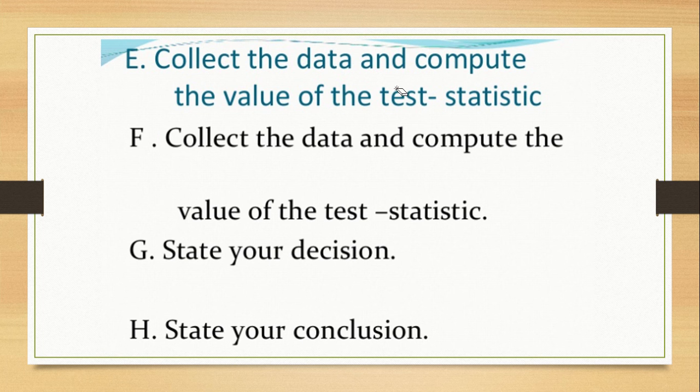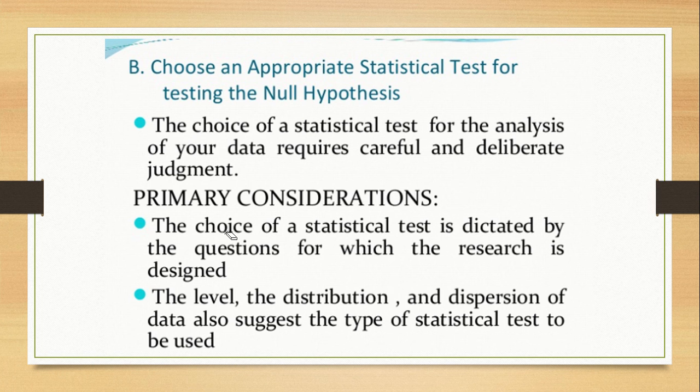Now, collect the data and compute the value of the test statistic. Then state your decision and state your conclusion. Okay, now choose an appropriate statistical test for testing the null hypothesis.